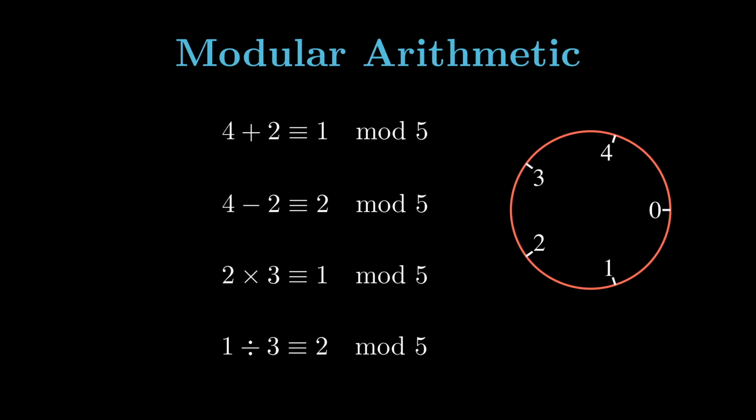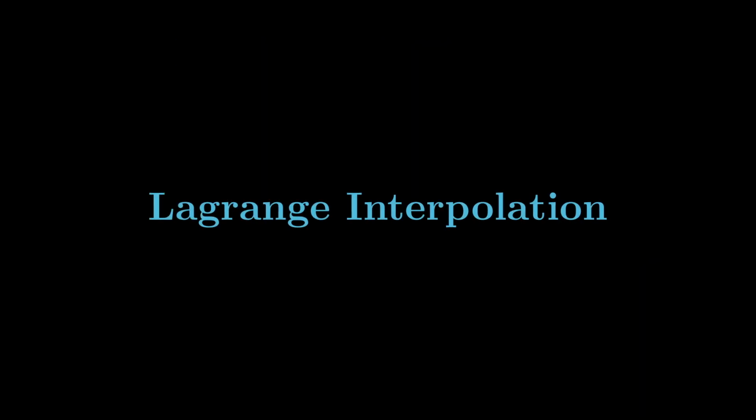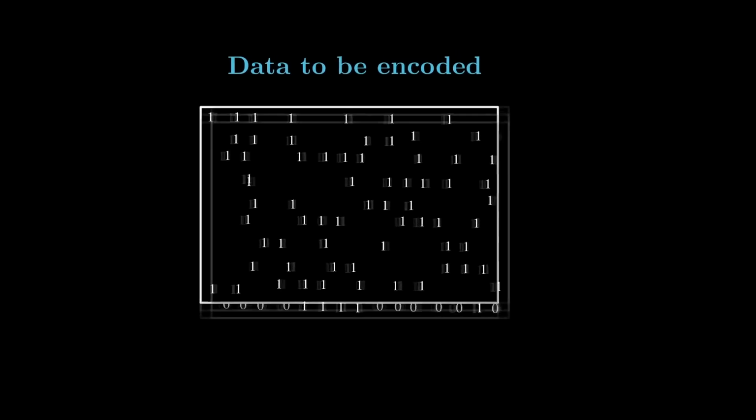In addition to sharing secrets, concepts like Lagrange interpolation have a wide range of applications. One such application is in data encoding and recovery. For instance, these concepts are used in encoding and reading data from CDs and QR codes.